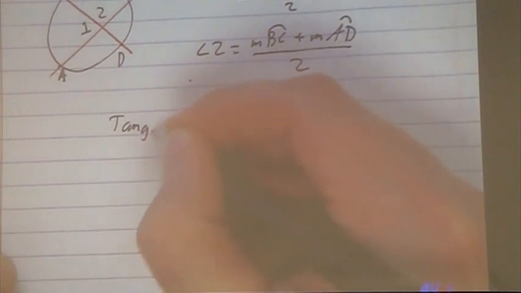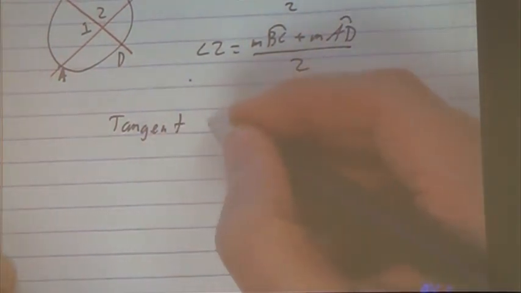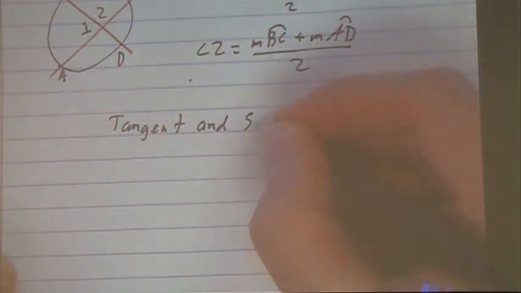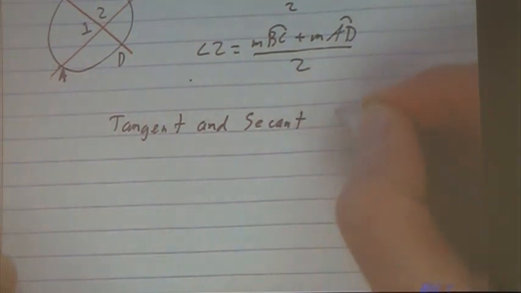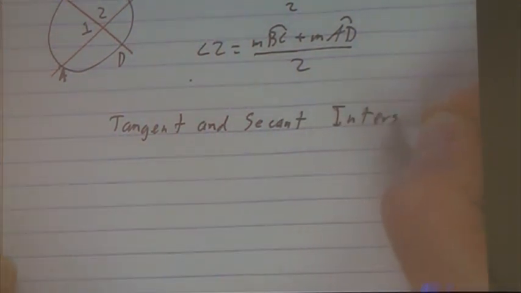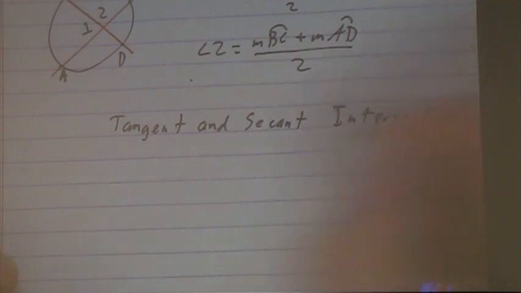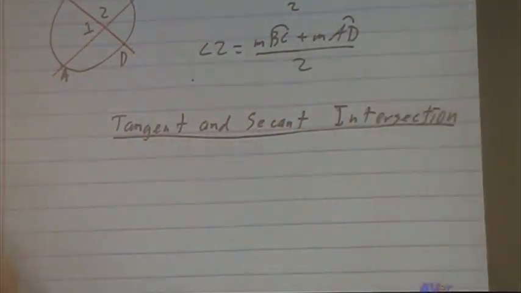The second relationship we're going to see is with the tangent and secant intersection. I'm not running out of space here. So with the tangent and a secant, you have this situation right here.